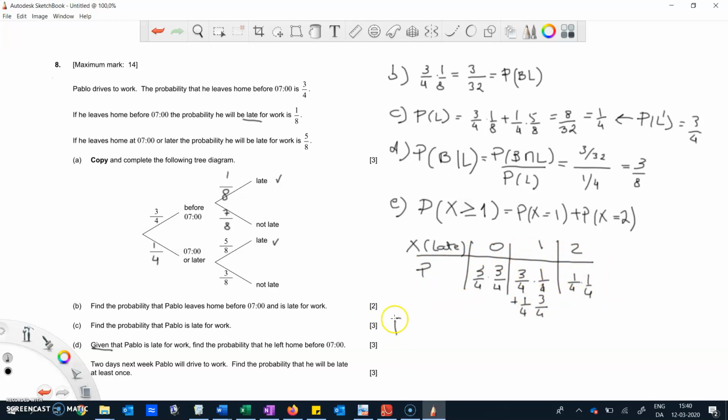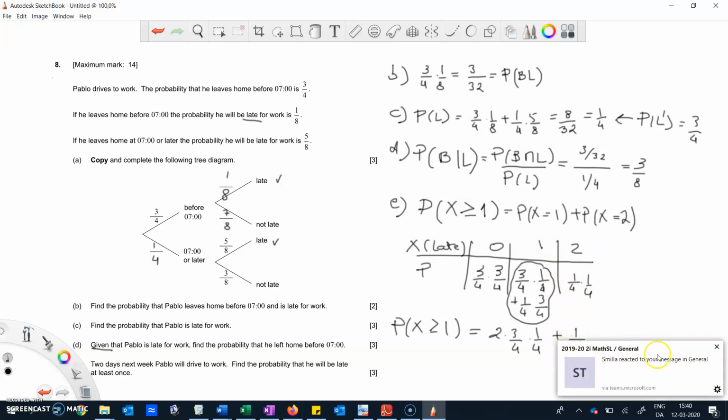So now the probability of him being late at least once is going to be late 1 time, so 2 times 3/4 times 1/4, which is nothing else but this, plus the probability of being late twice in a row, 1/4 times 1/4. So this is a 6 plus a 1, so 7/16. And this is the result.